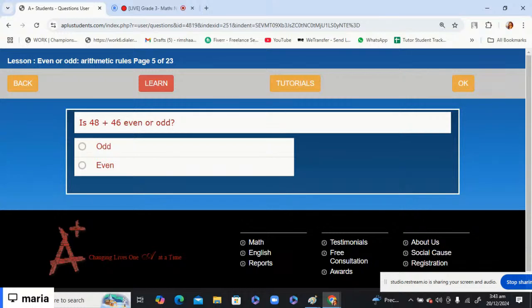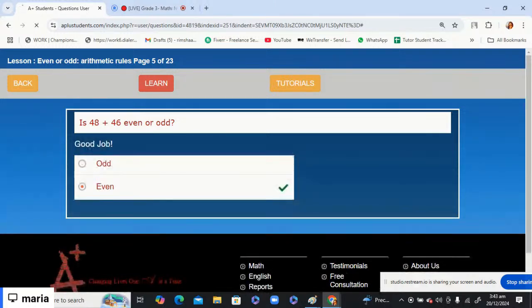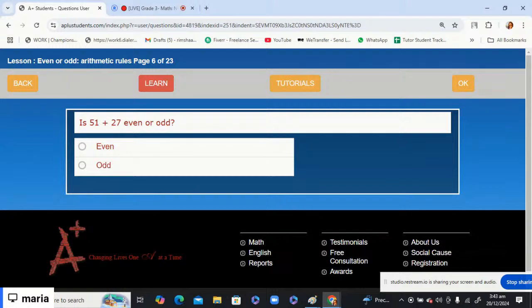It's 94. So is 94 even or odd? It's even. If you add two even numbers, you get the answer also even. You add up and then check the results. Firstly, you add up and then see if it is even or odd.